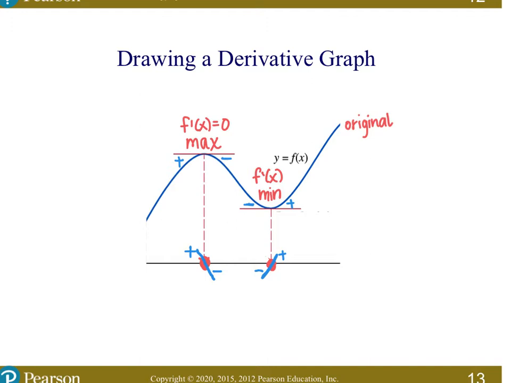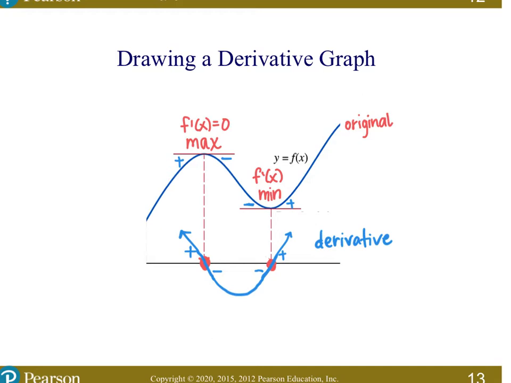Then we connect those like this, and just extend it a little bit, and that is the graph of a derivative. So that is starting from an original graph and creating a derivative graph: finding the maxes or mins, dropping them down onto the x-axis, and then turning plus and minus slopes and dropping those down onto the x-axis as well.